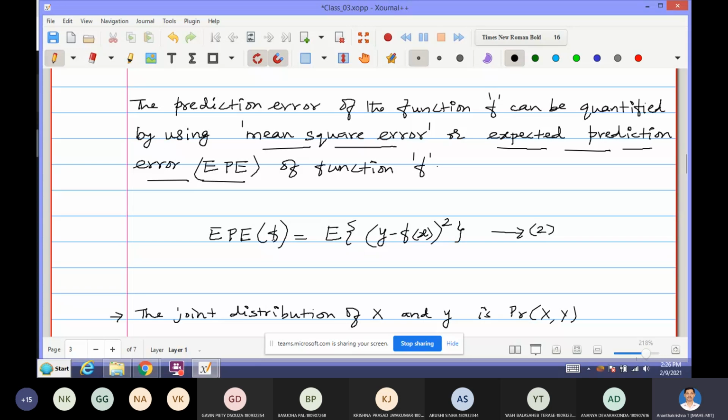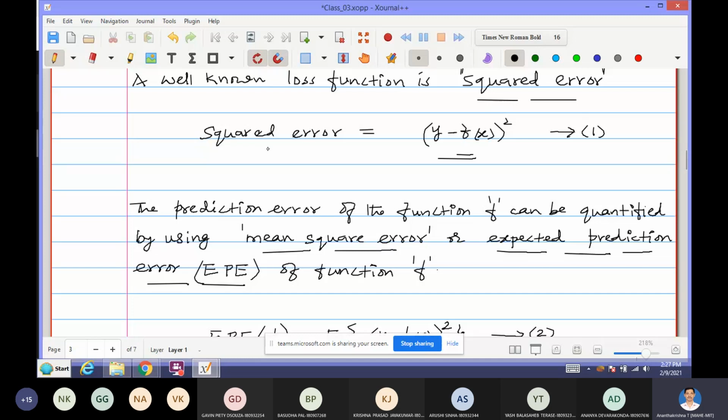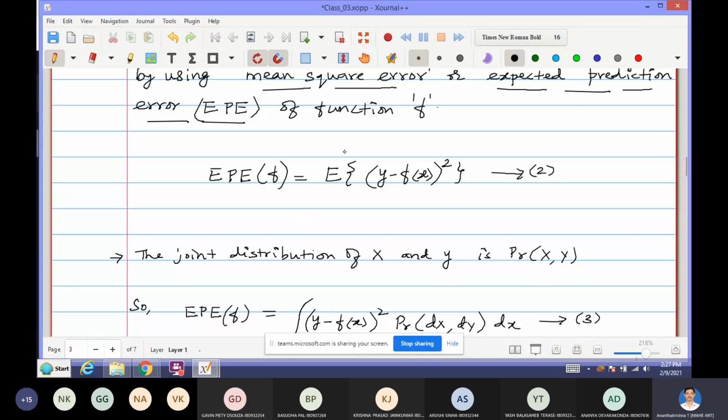Hope that difference is clear. So this is nothing but the expectation of this squared error. If you take an expectation of the squared error, that gives what is known as the expected prediction error. So this is a performance measure that we can have.